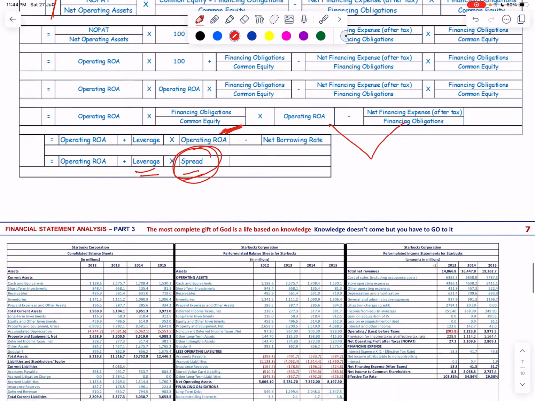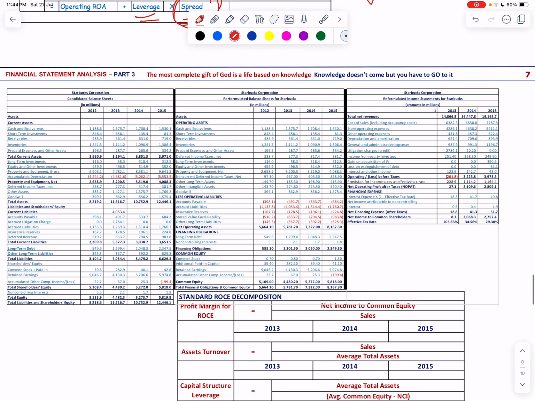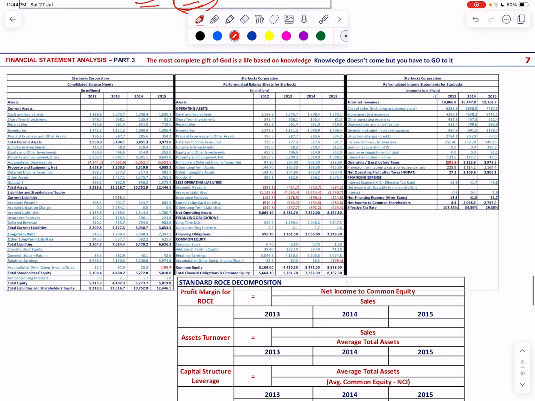So, let us look into an exercise that can help us to understand the difference better. Here we have the consolidated balance sheet, the reformulated balance sheet, and the reformulated income statement for Starbucks.